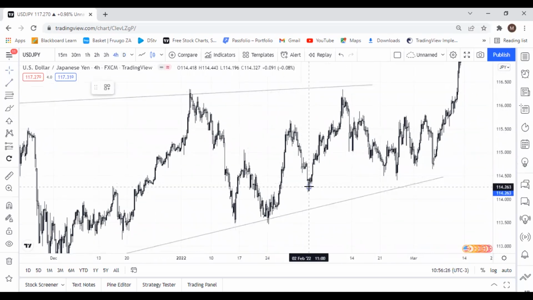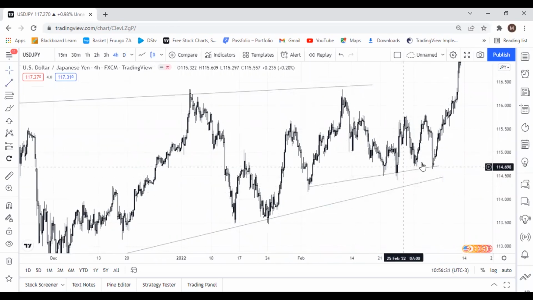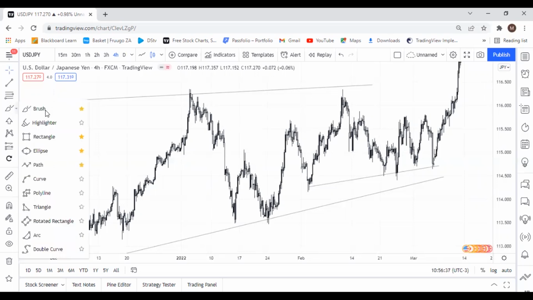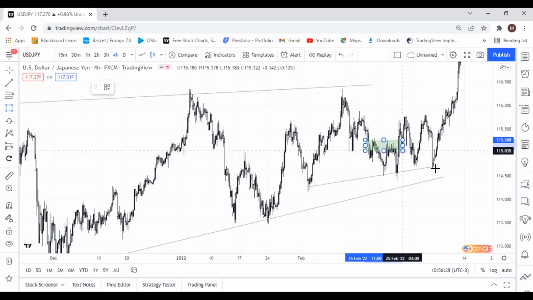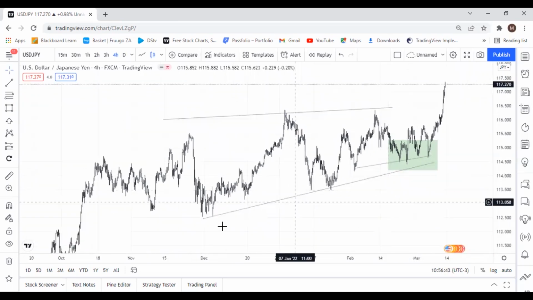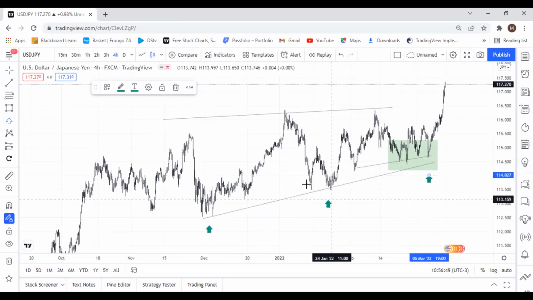As you can see, the price also had this area and this area. All of this area is considered as the third touch of our structure, because we have this, that, and the final one there.